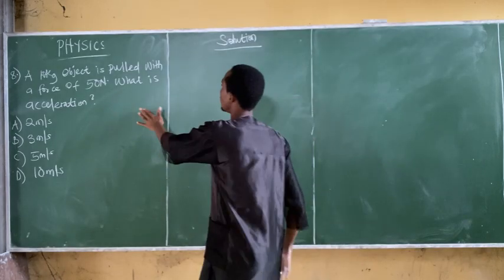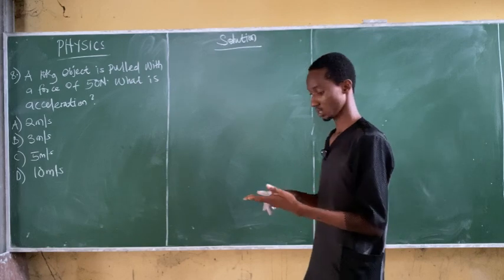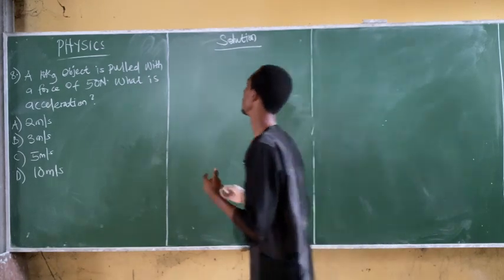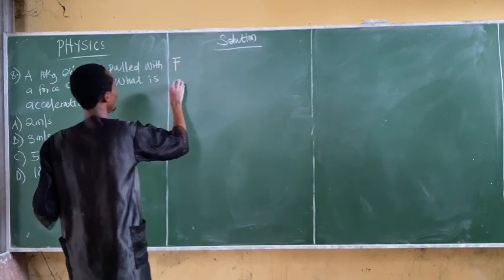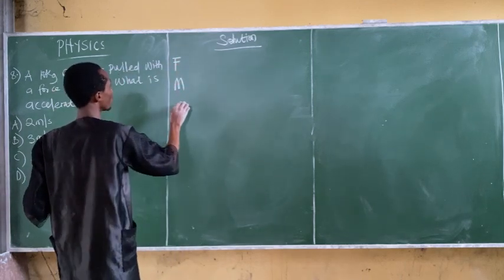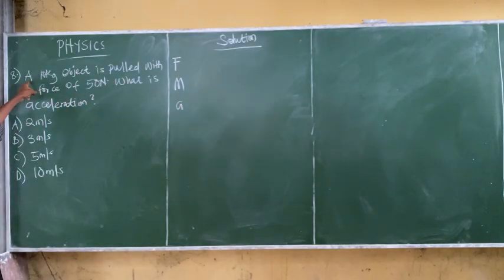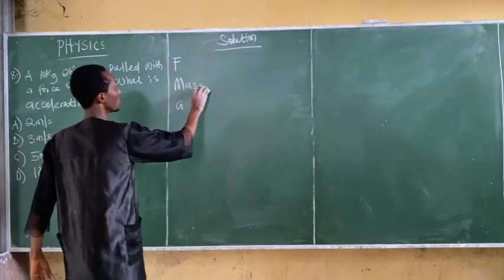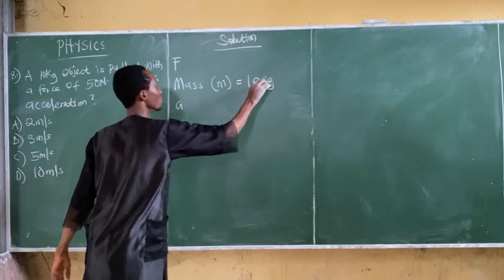Now, for this question, we're going to use Newton's second law of motion because it relates force, mass, and acceleration. From the question, they gave us mass to be 10 kg.